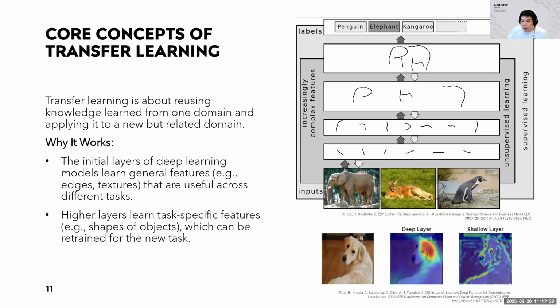But in the deeper layers, you can see that it looks at the ears and the eyes, basically the head of the dog, to identify whether the image is a dog or some other animal or object. And that's basically the core concept.